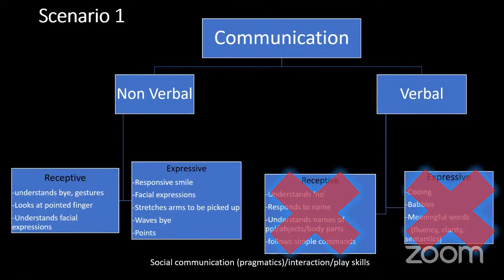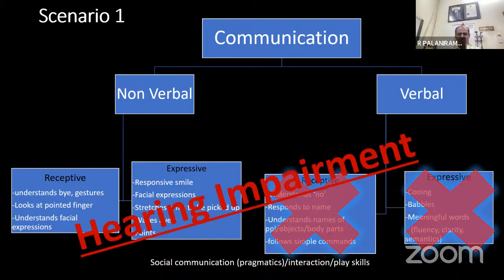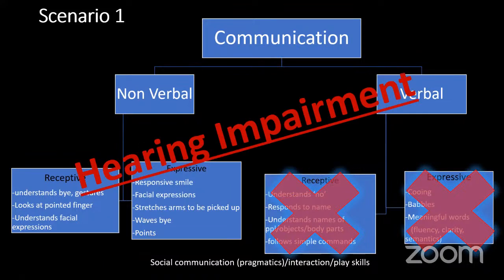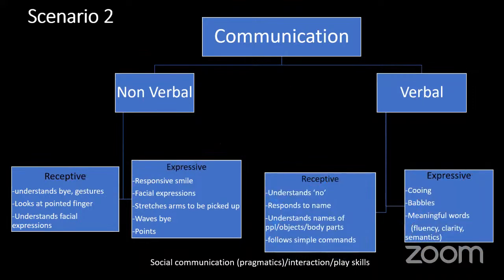Any input from all of you? What is the first thing that we need to do? Hearing. Absolutely. So verbally, the child is poor in receptive and expressive, but non-verbal communication is very good.